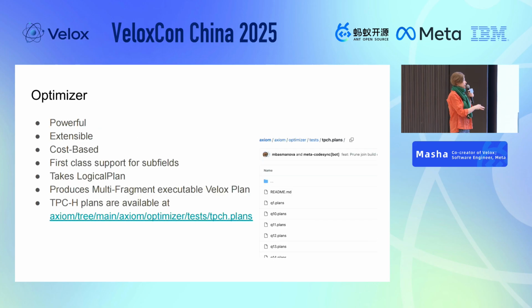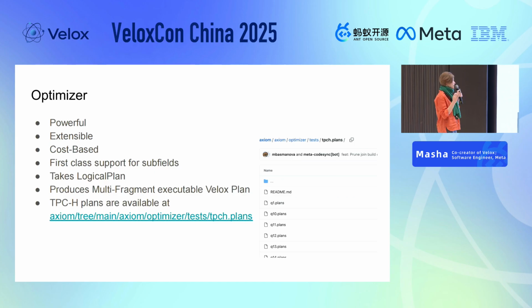So that was about the parser, which produces the logical plan, and then we need an optimizer that figures out how to execute that logical plan in the most efficient way. And so we really are aiming to build a powerful, extensible, cost-based optimizer that can be used in multiple systems.